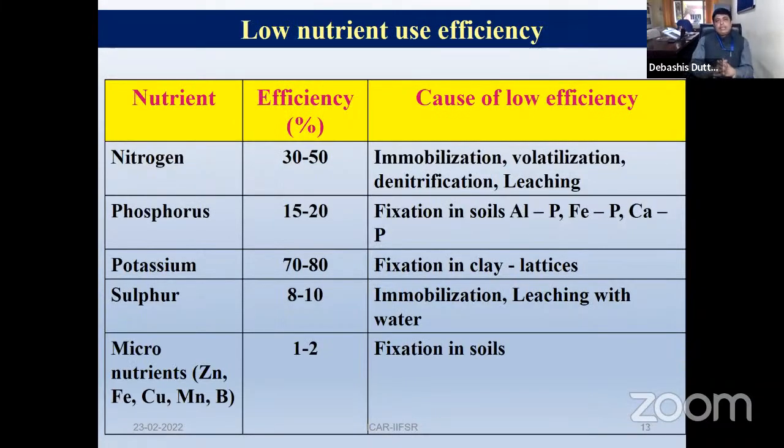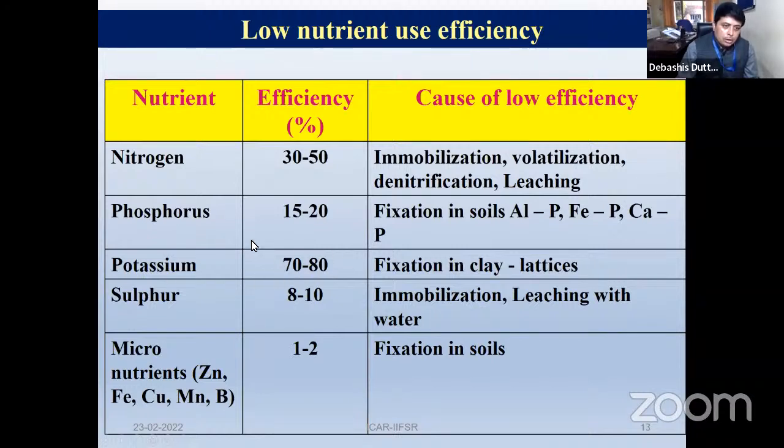And if we see the use efficiency of nitrogen, phosphorus, potassium, sulfur, and micronutrients, the most important are nitrogen and phosphorus. Their use efficiency is very low.